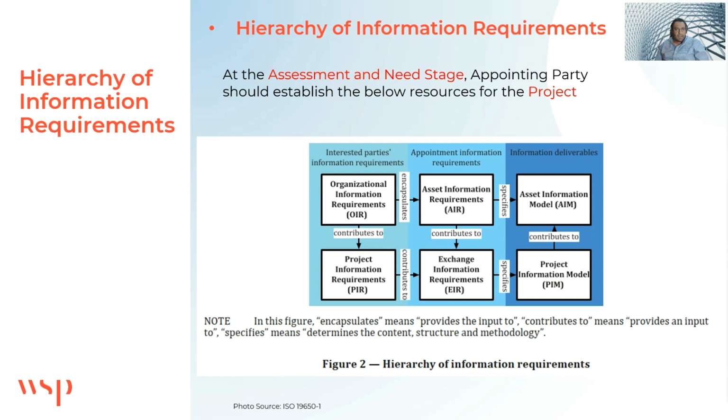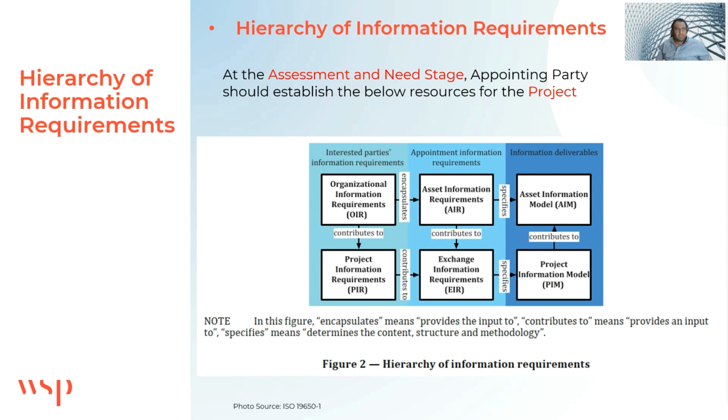So the two main deliverables that are expected to be delivered are the project information model and the asset information model. The project information model, to simplify it, is the model that's done through the delivery phase.